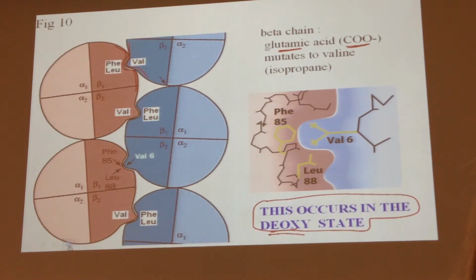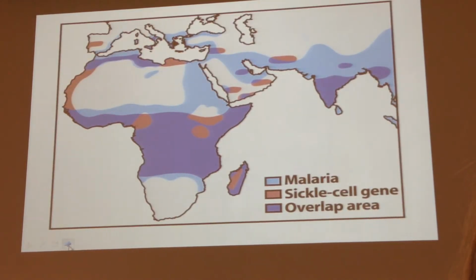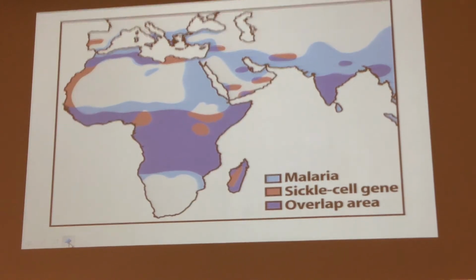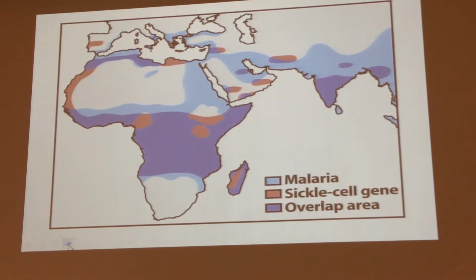Now I'm going to show you a slide that shows a correspondence between regions of the world where this gene occurs in the population and regions of the world where malaria is present.